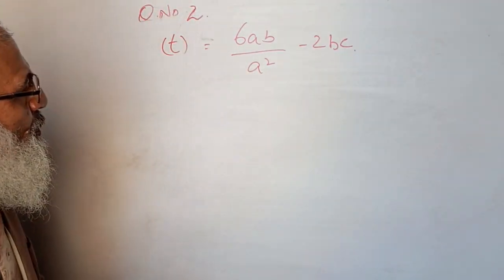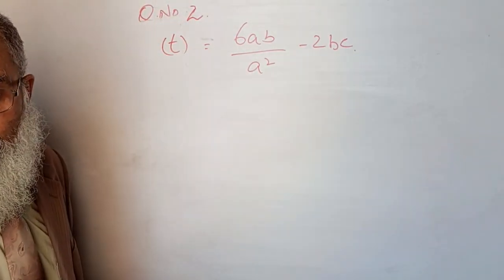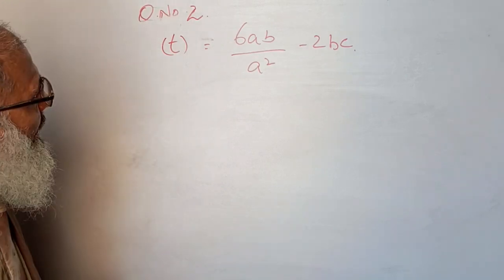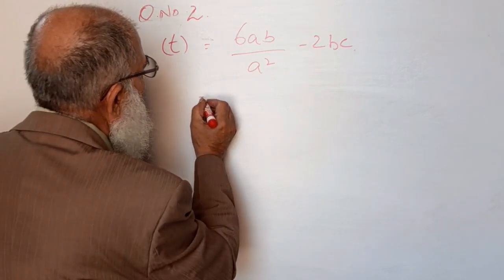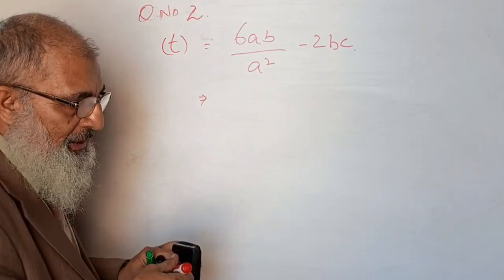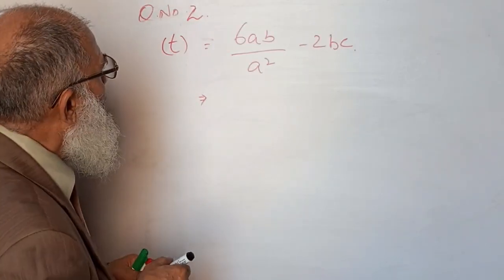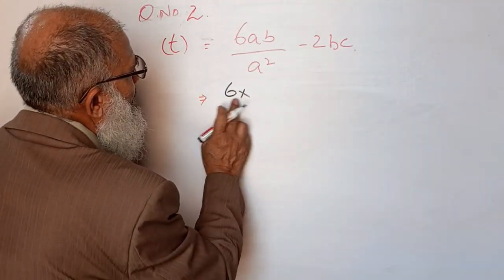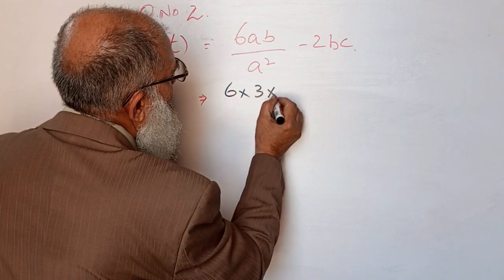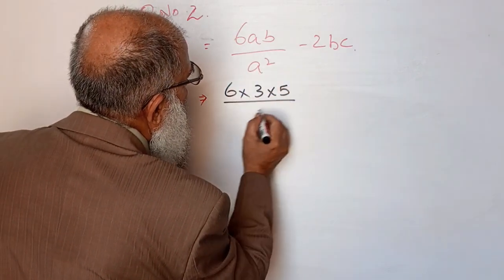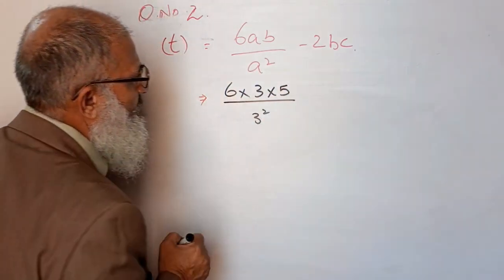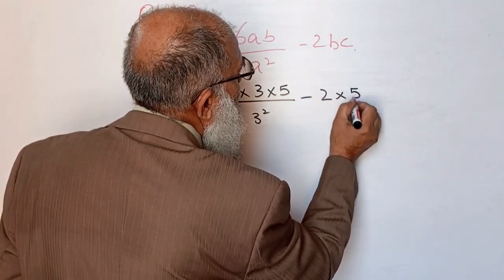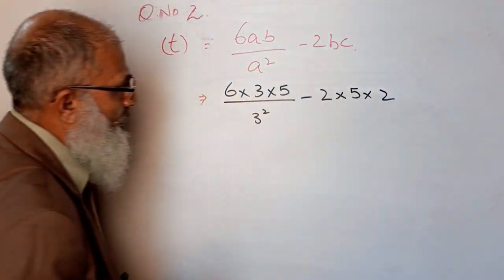Now you can also do this question like we did it in part n, but since we have to substitute because the exercise is for substitution, we do it like this: 6 multiplied by 3 multiplied by 5, and 3 the whole square, and minus 2b is 5 and c is 2 again.